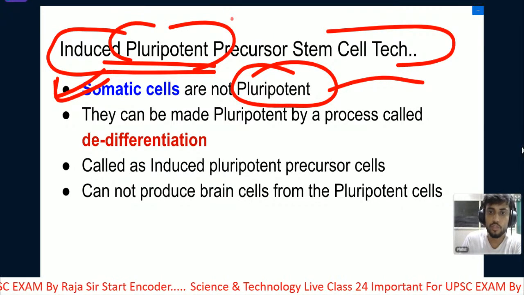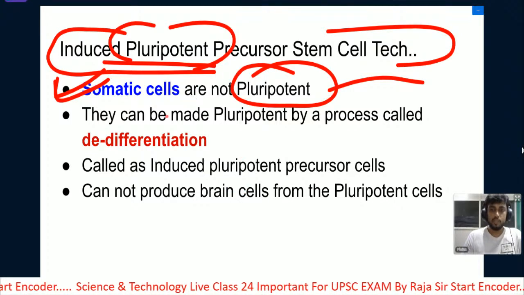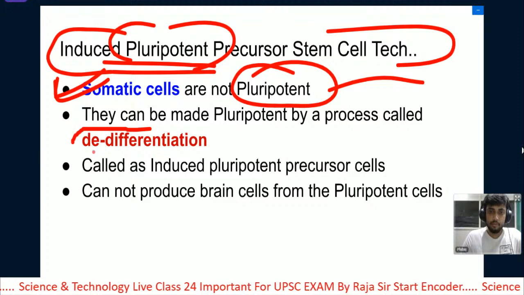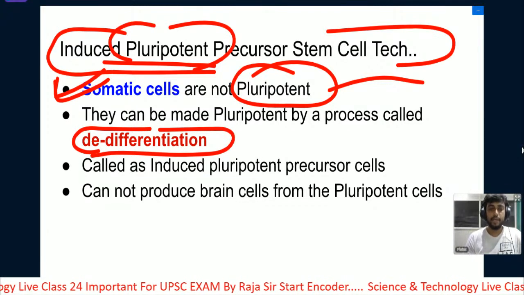But we can induce pluripotency in the somatic cells. The process by which pluripotency can be induced in somatic cells is known as de-differentiation.